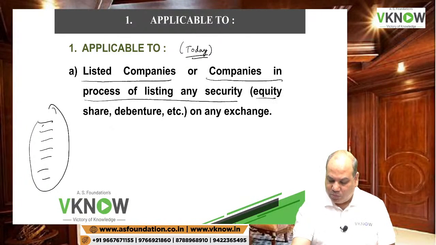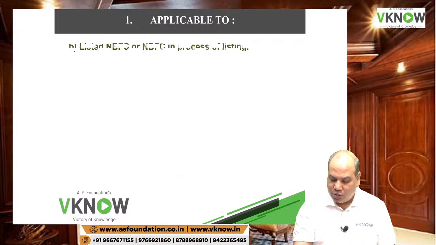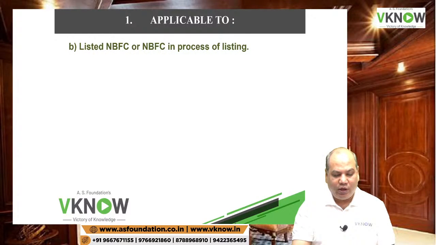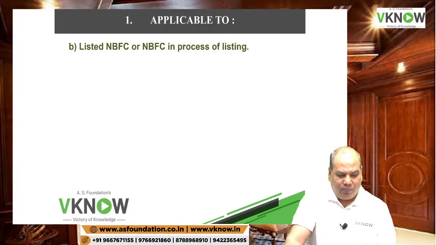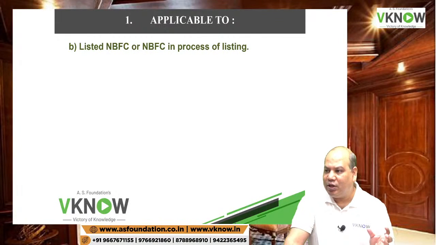Of any instrument, whether it is equity or debenture or bond on any exchange. Why do listed companies have to follow Ind AS? They are using public money, and public needs high quality standards. So Ind AS are high quality standards as compared to our old accounting standards.